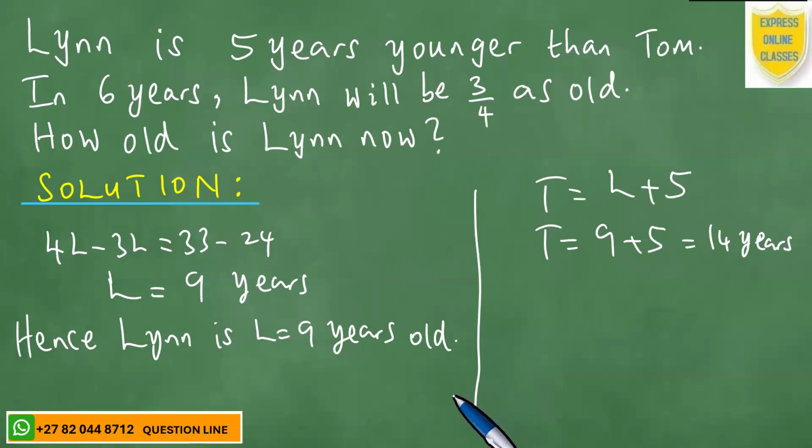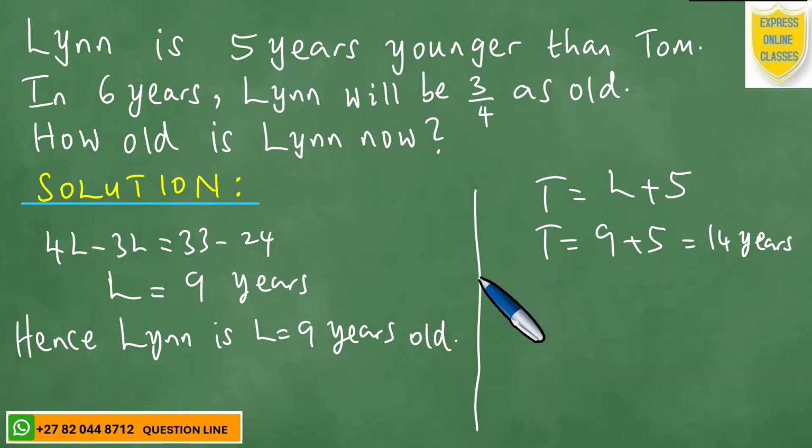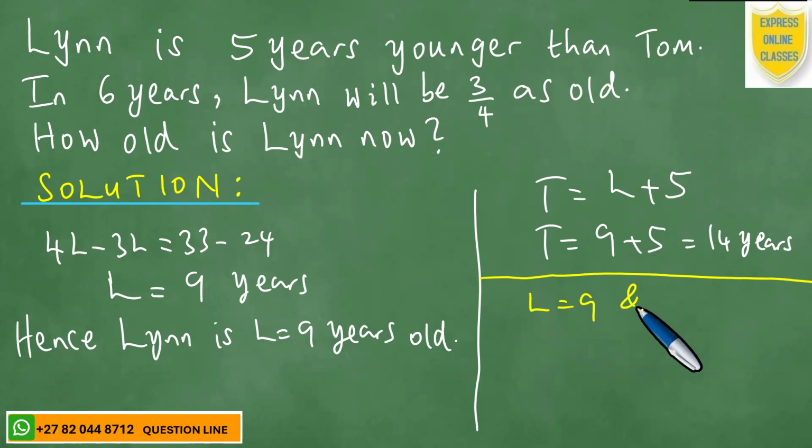Okay. And so now, is this correct? We need to analyze this. Does this make sense or not? If Lynn is 9 and Tom is 14, who is older, who is younger?